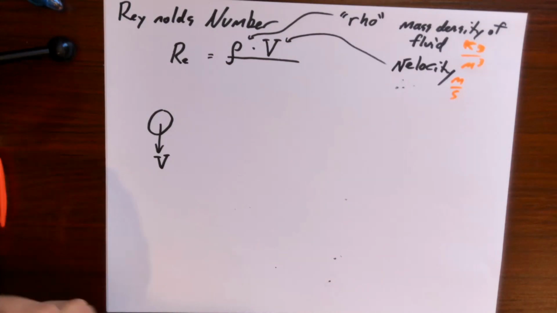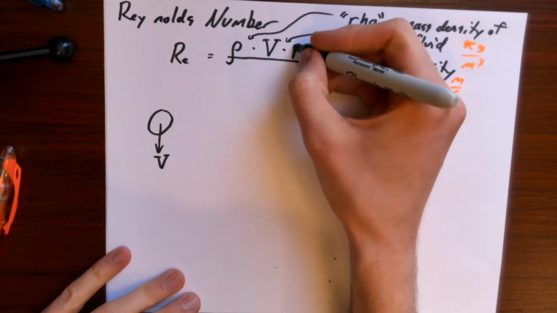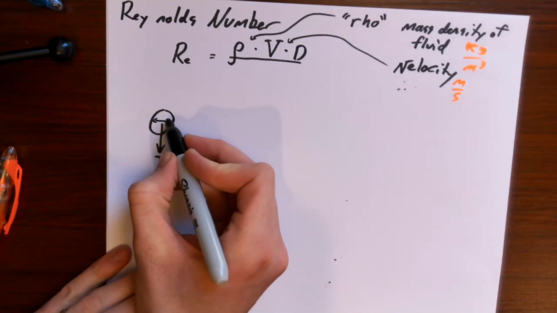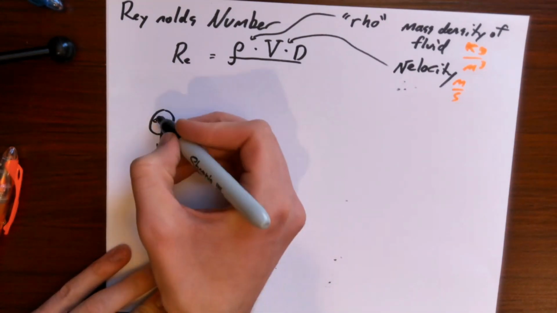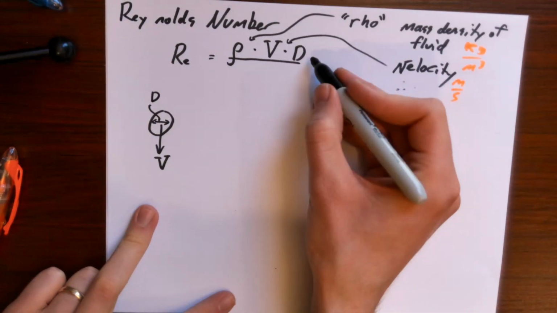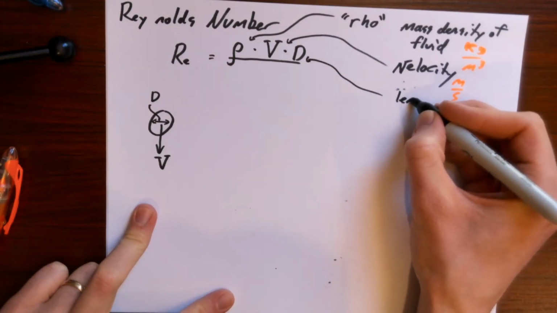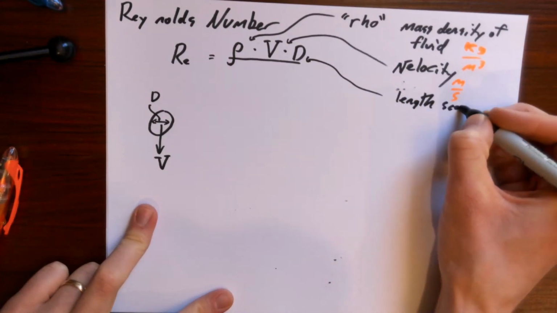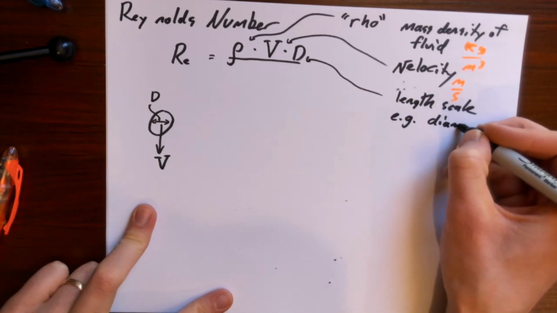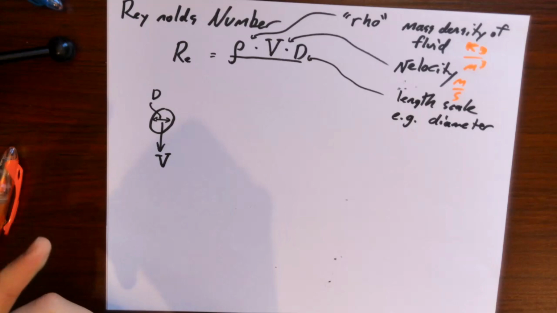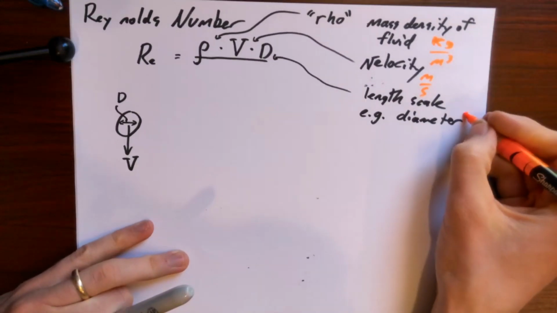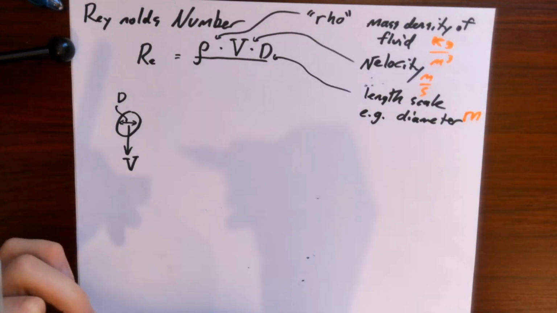And then the final thing in the numerator of the Reynolds number is d, which is typically some characteristic length scale. So for example, for a sphere going through a fluid, the relevant length scale might be the diameter. Diameter would have units of length in SI, which could be meters.